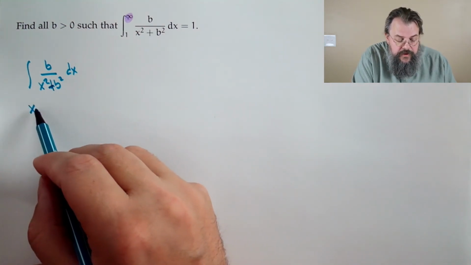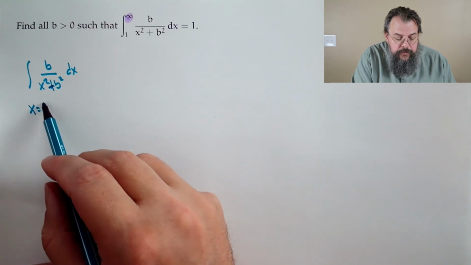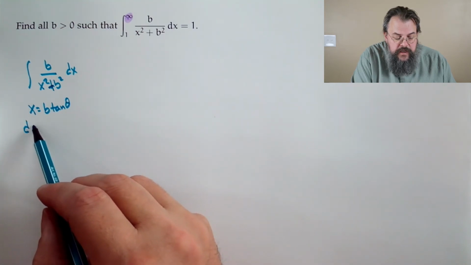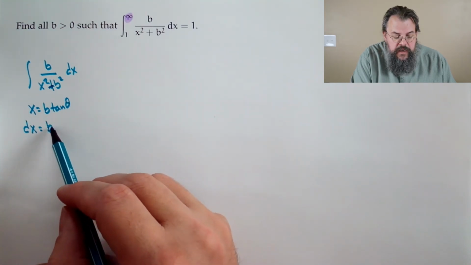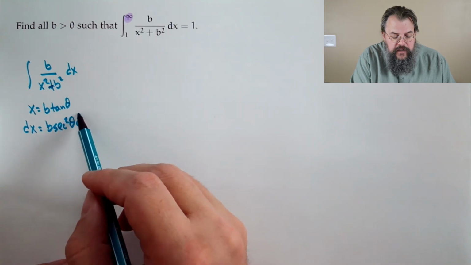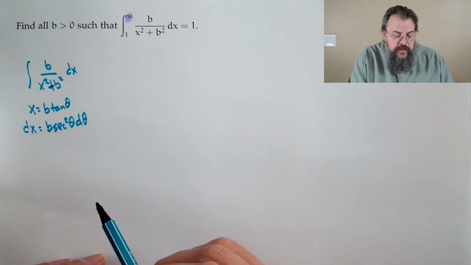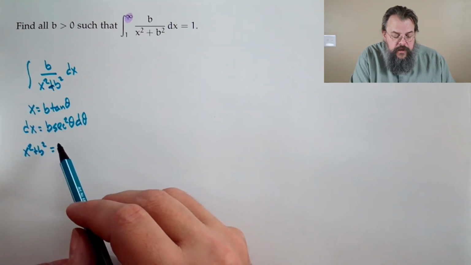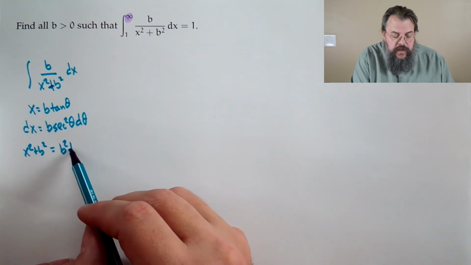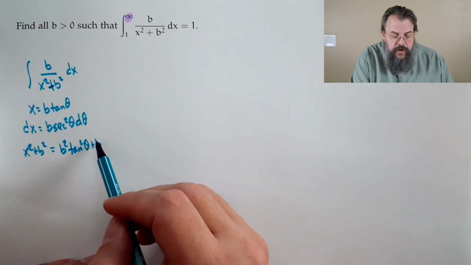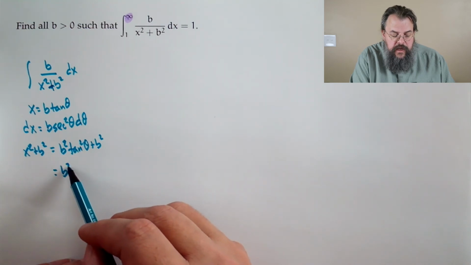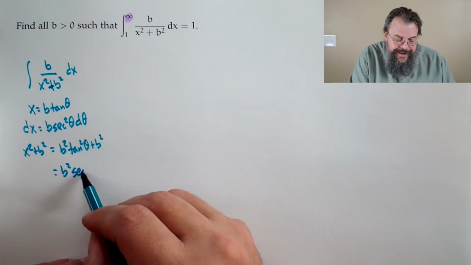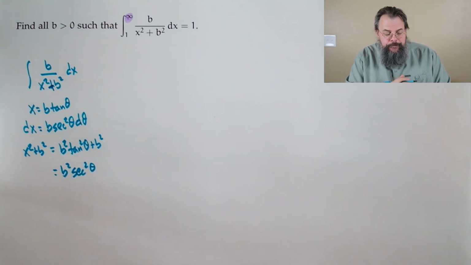So we can make a substitution, in particular x equals b tangent theta. Then dx would be b secant squared theta d theta. That's not so bad. And x squared plus b squared would be b squared tangent squared plus b squared. You can pull out a b squared, and tangent squared plus 1 is secant squared. Nice.